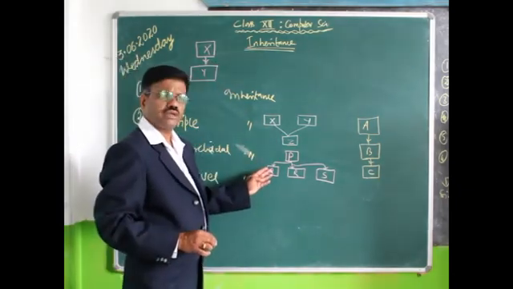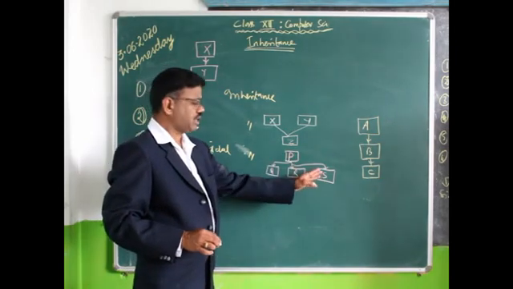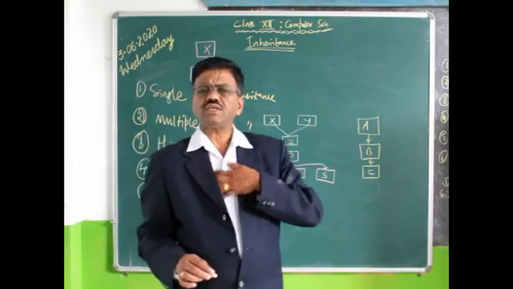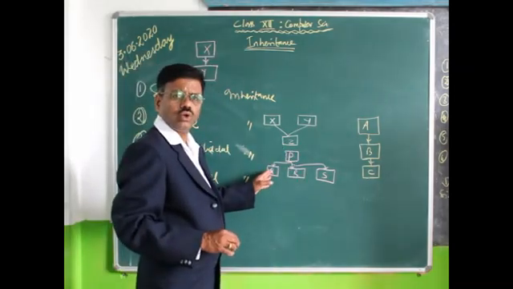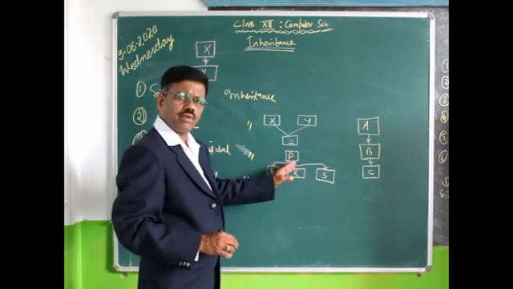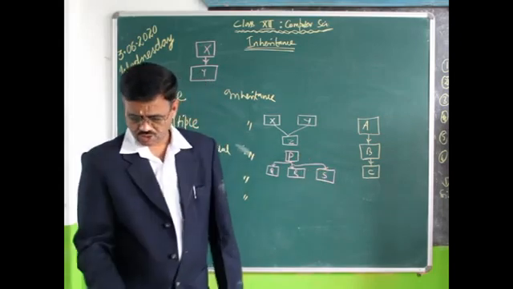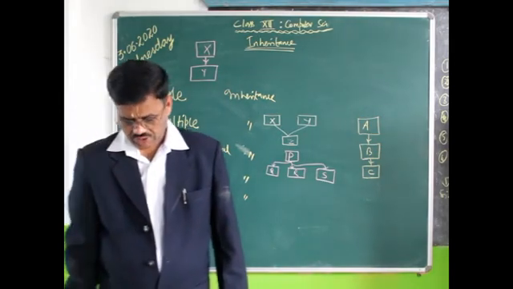They inherit properties from class P. This concept is known as hierarchy. First it gives to Q. Then R gets from P. Then S gets from P. So this concept is known as hierarchical inheritance.